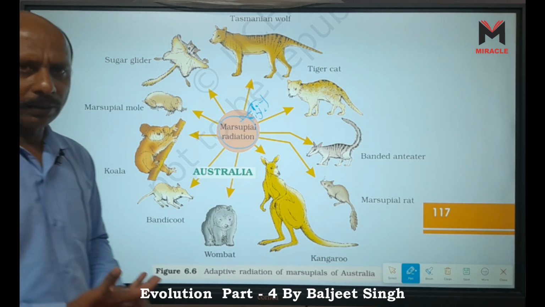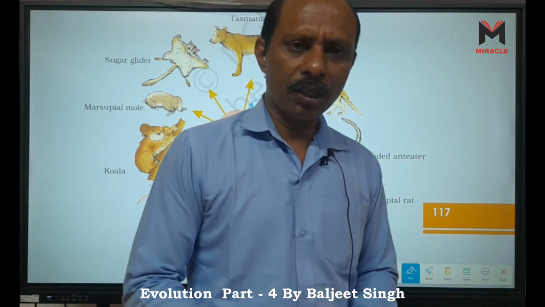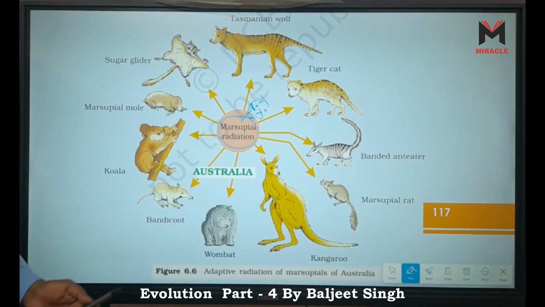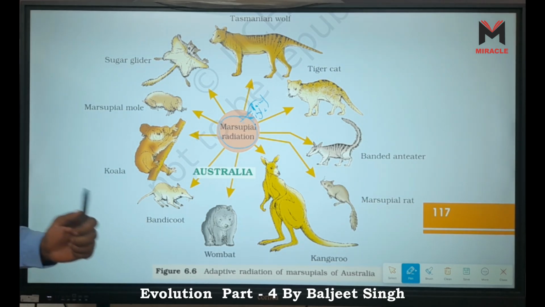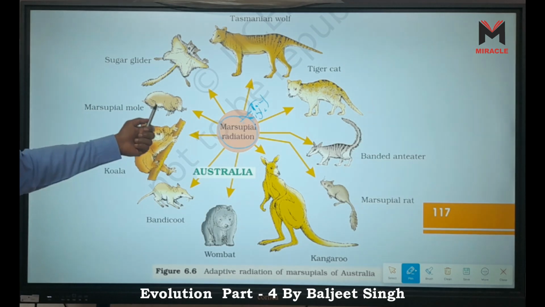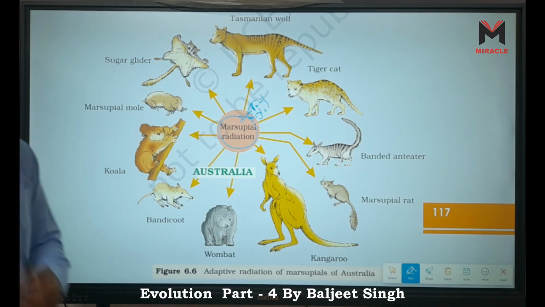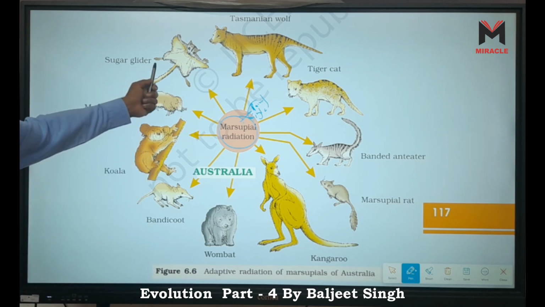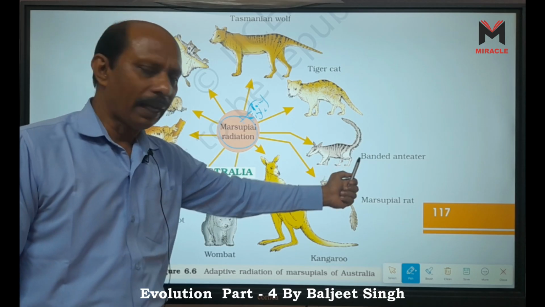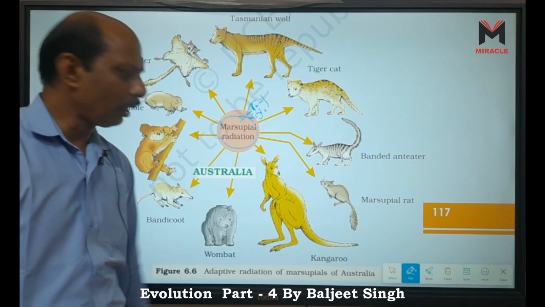When the forest fire happened in Australia last year, that time we had these types of animals: bandicoot, koala, marsupial moles, right? So their structure is the same as mammals also. Sugar glider, Tasmanian wolf, tiger cat, banded anteater, marsupial rat.